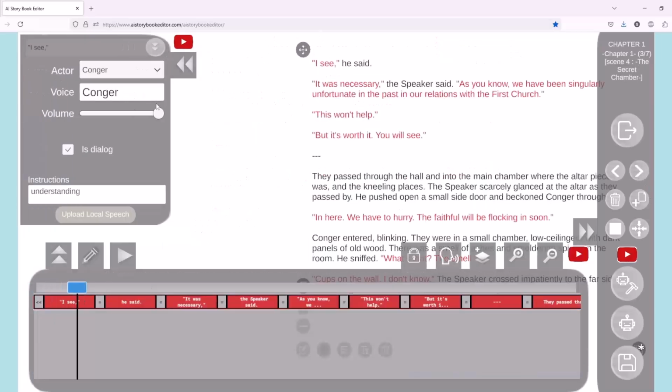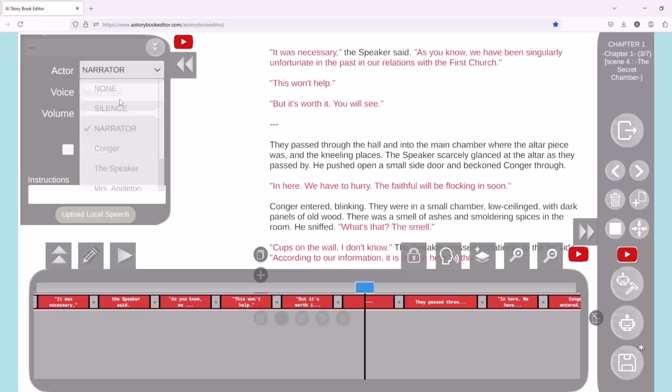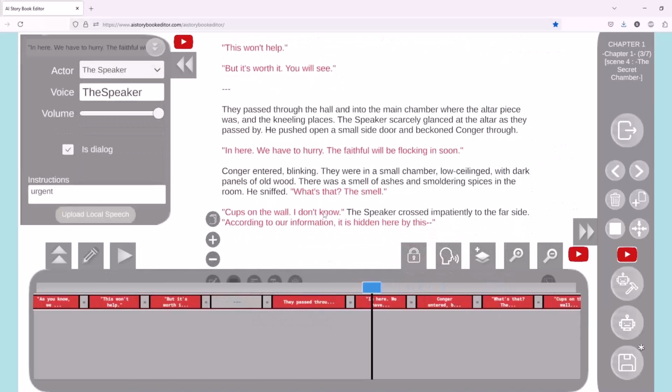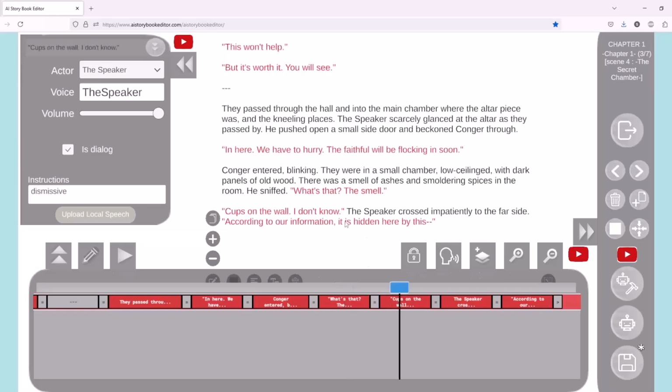Okay, this is Conger, the speaker, and a speaker.